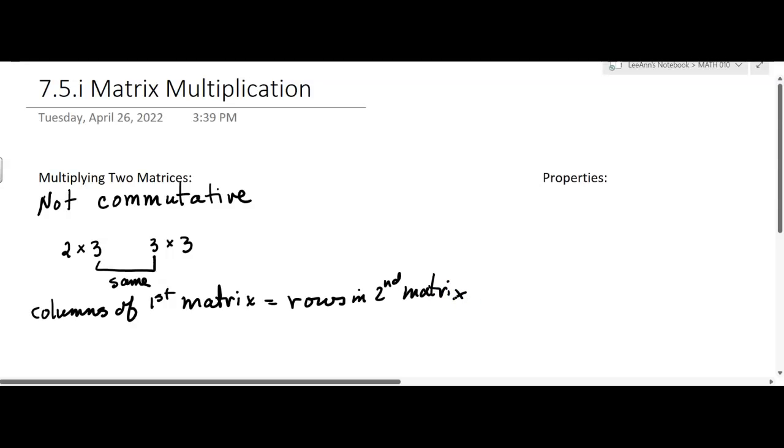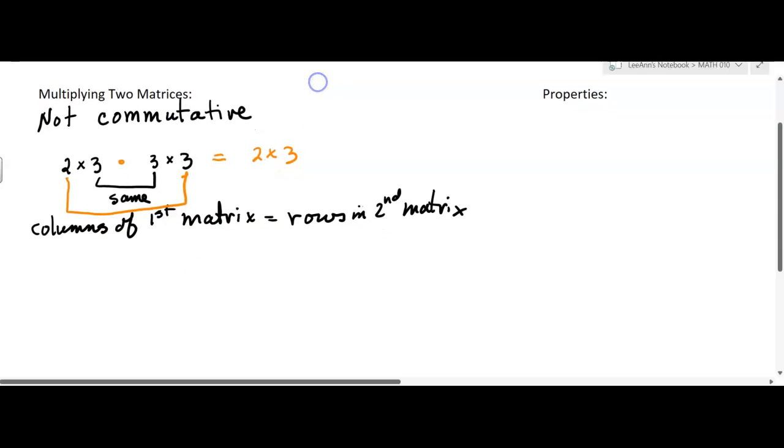Okay. Now, I usually like to give students an extra piece of information. The outside numbers, that will be your answer. So if you have a 2 by 3 times a 3 by 3, you're going to get a 2 by 3 in this case, okay? So let me go over that again.